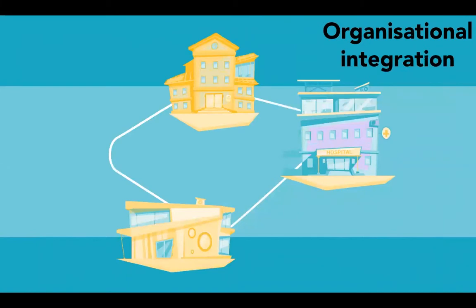Organizational integration is when organizations are brought together by formal mechanisms such as creation of networks or contracts, with each remaining separate but playing a specified role as agreed by the partners.